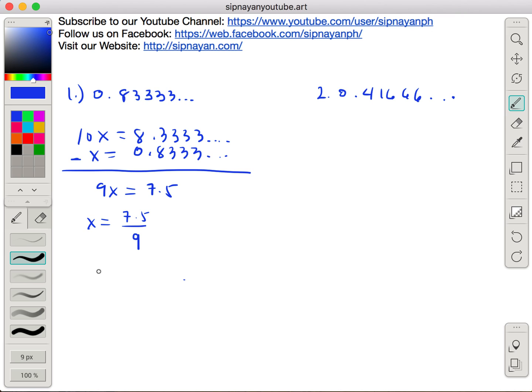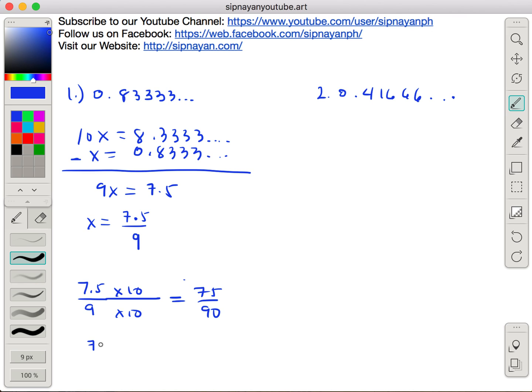Now remember, we are looking for a fraction. So, may mukhang fraction na tayo kaso may decimal lang. So, ang gagawin natin is to remove the decimal by multiplying both the numerator and the denominator by 10. Diba pag nag-multiply tayo ng 10, we are moving the decimal point to the right once. So, magiging 75 over 90.